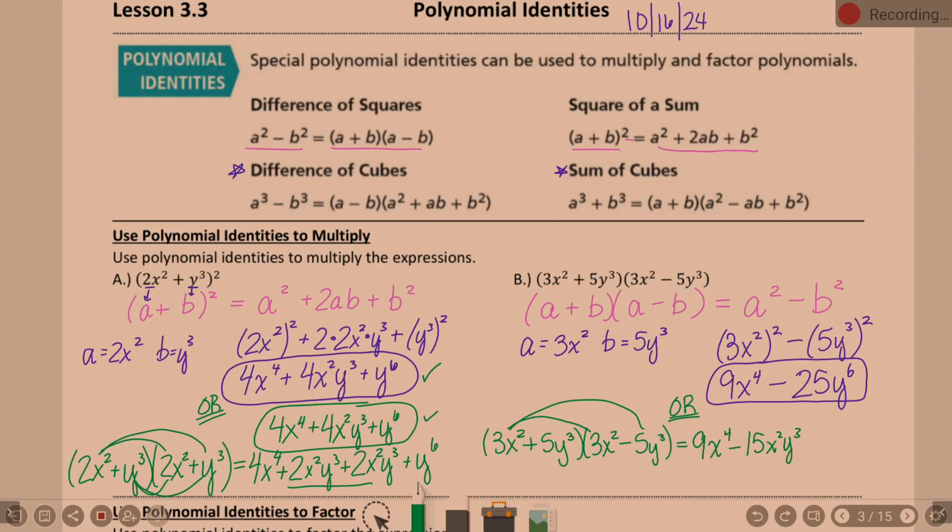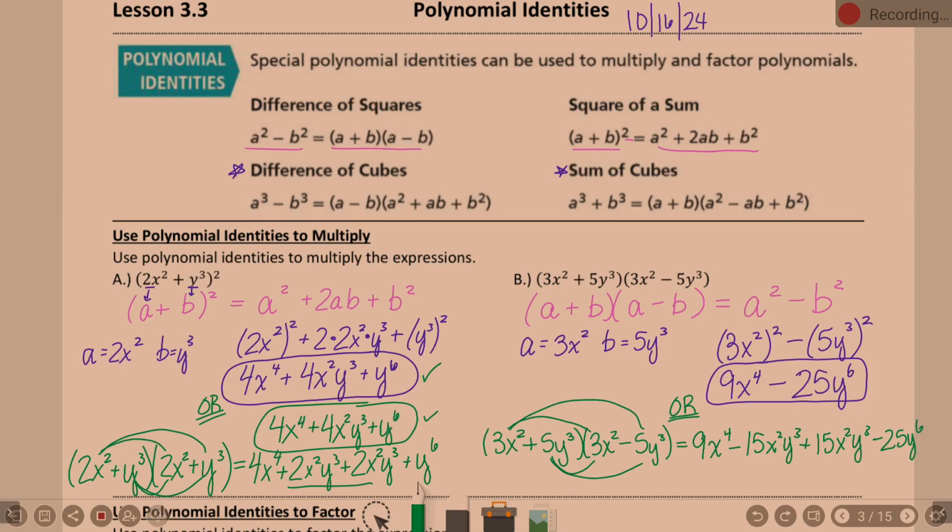Insides, 5y cubed times 3x squared, plus 15x squared y cubed, and positive 5y cubed times negative 5y cubed, negative 25y to the sixth.